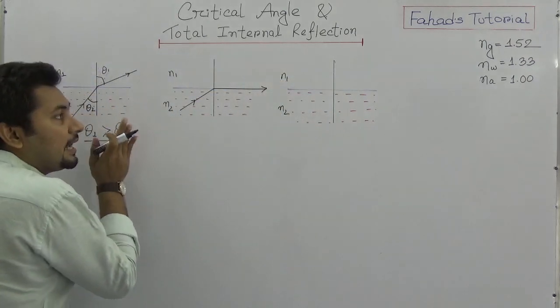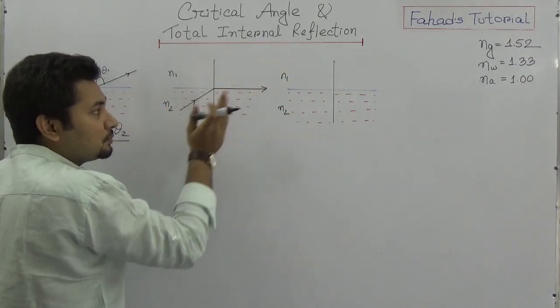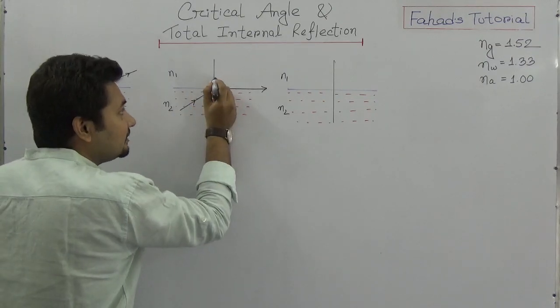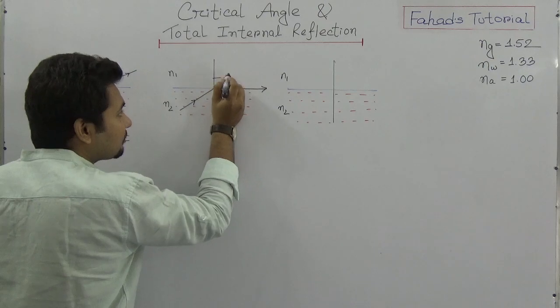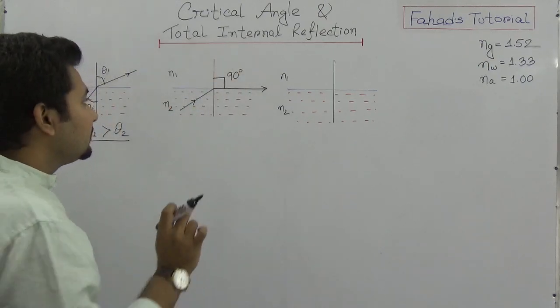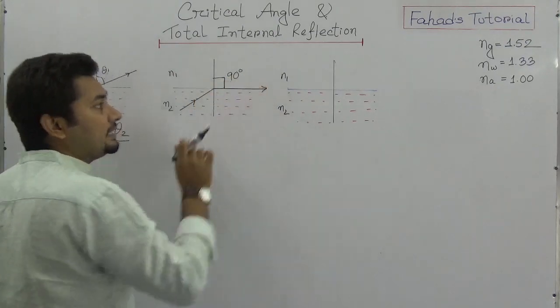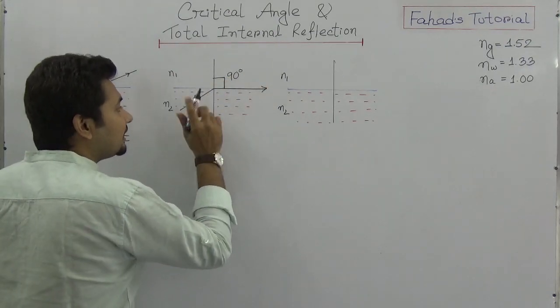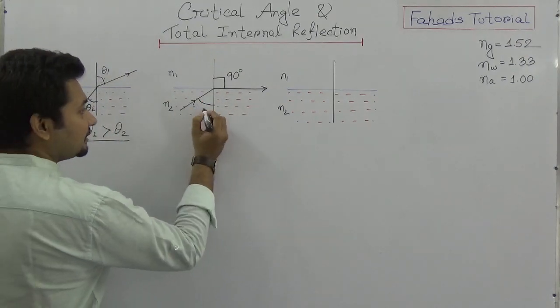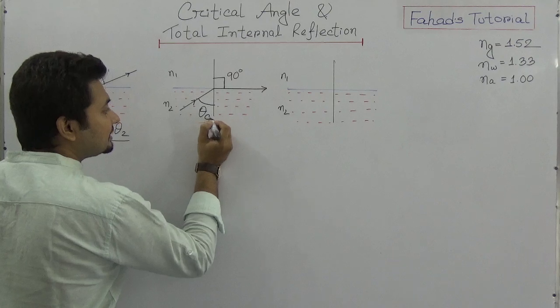When light goes along the surface of separation in this way, this angle is 90 degrees, right? So for making this angle 90 degrees, what angle is created here? That is theta C.